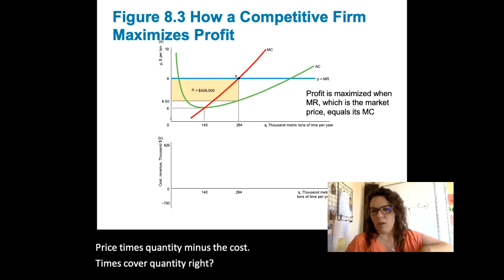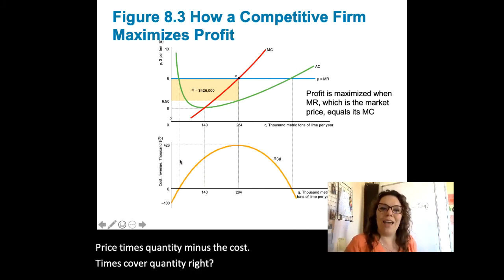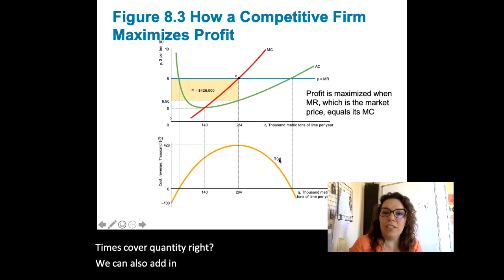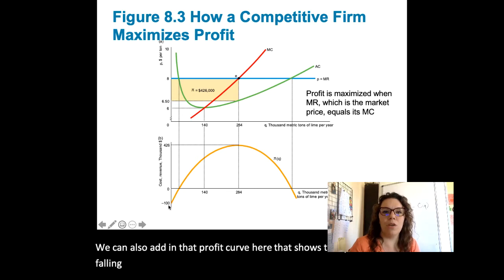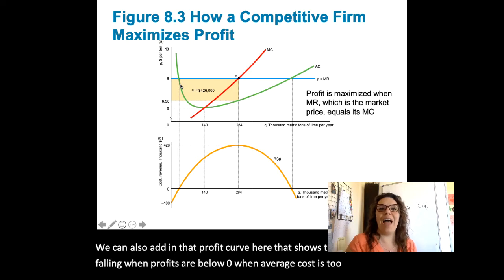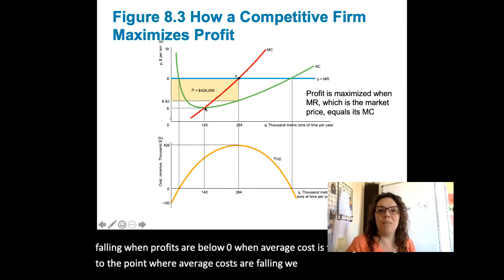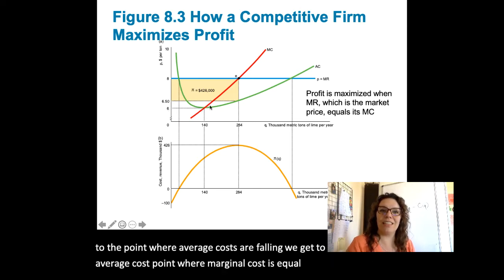So we can also add in that profit curve here that shows that profits are falling when our profits are below zero, when average cost is too high. As we get to the point where average costs are falling, we get to the minimum average cost point where marginal cost is equal to average cost, that $6 price at 140 units.